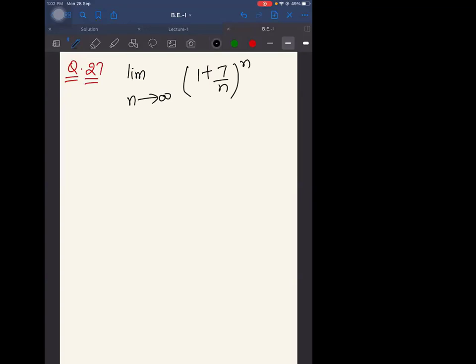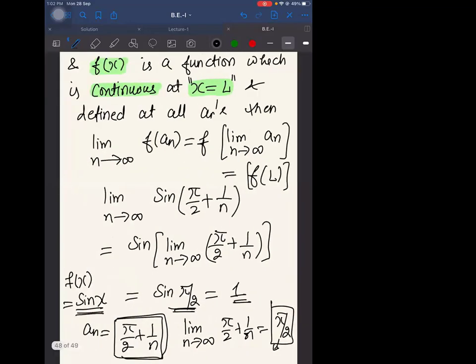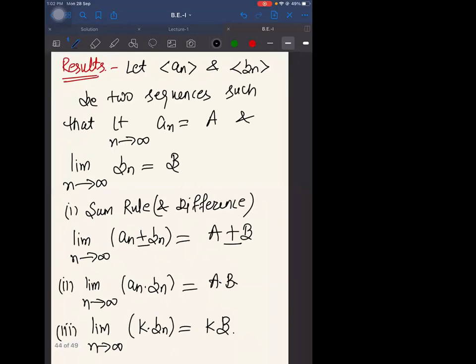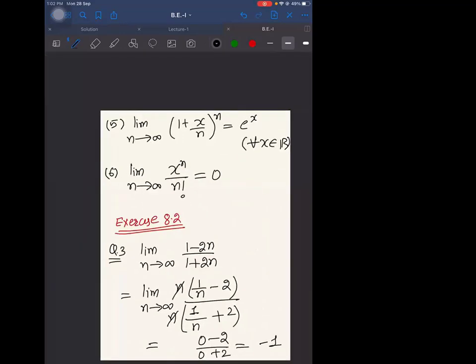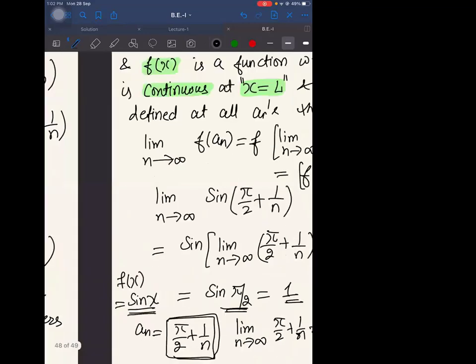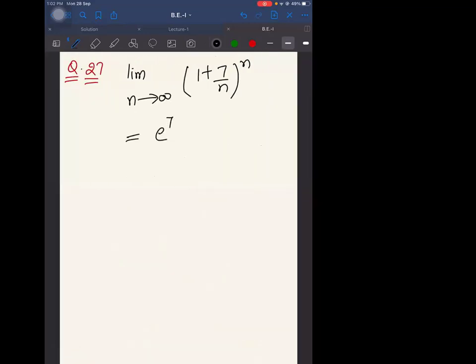So how are we gonna do it? Sir, it's the property (1 plus x by n) to the power n gives e to the power x. Yes, we have done that. So directly by that result, we can write it as e raised to power 7.